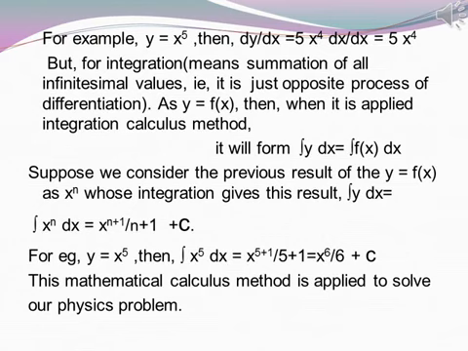Suppose we have considered the previous result of y = f(x) as x^n, whose integration gives this result, which is the form of integration of y dx = integration of x^n dx = x^(n+1)/(n+1) + c, where c is the integration constant.